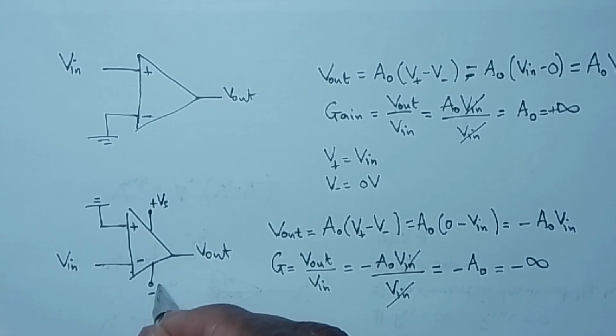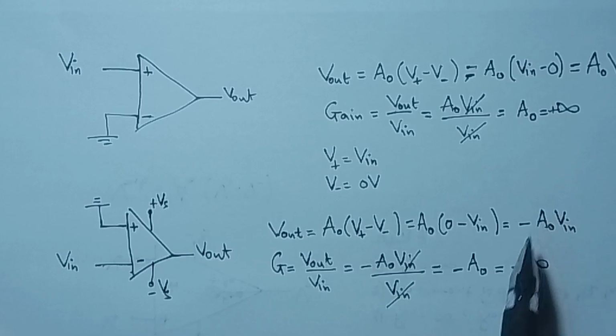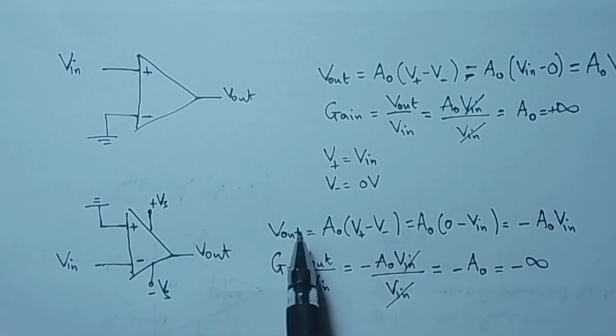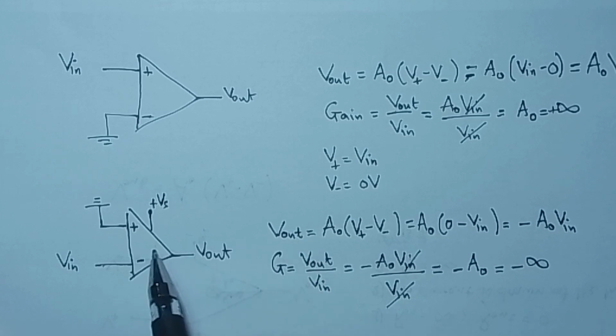So for a real op amp, the gain or the output cannot go to infinite. It will be limited by the supply voltages.